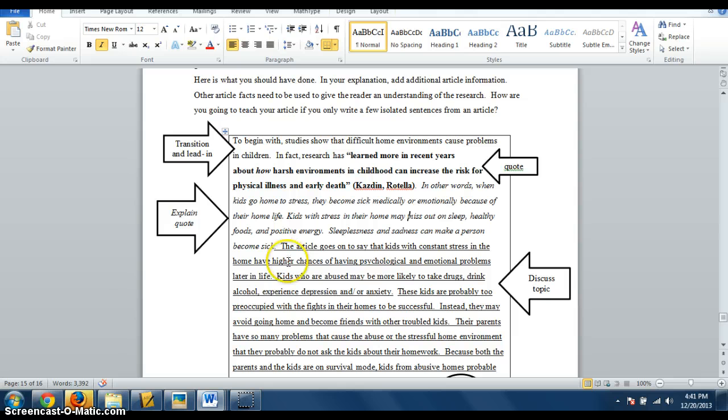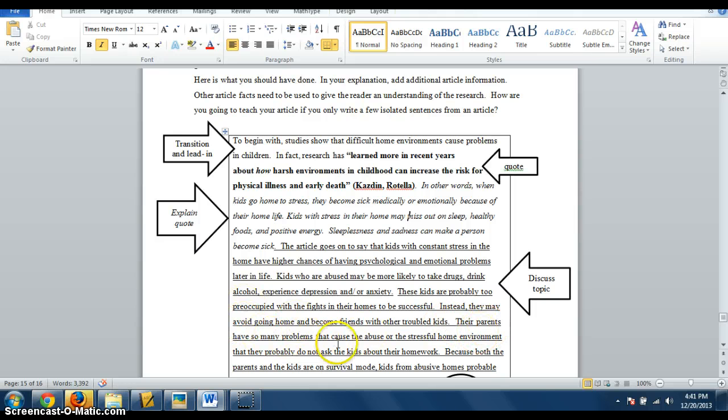The article goes on to say that kids with constant stress at home have higher chances of having psychological and emotional problems later in life. Kids who are abused may be more likely to take drugs, drink alcohol, experience depression, and or anxiety. These kids are probably too preoccupied with fights in their homes to be successful. Instead, they may avoid going home and become friends with other troubled kids.